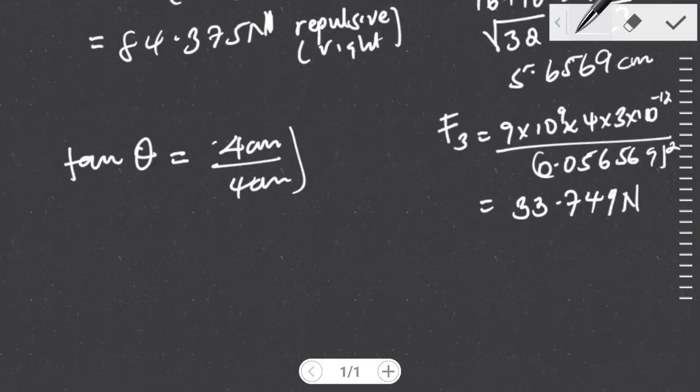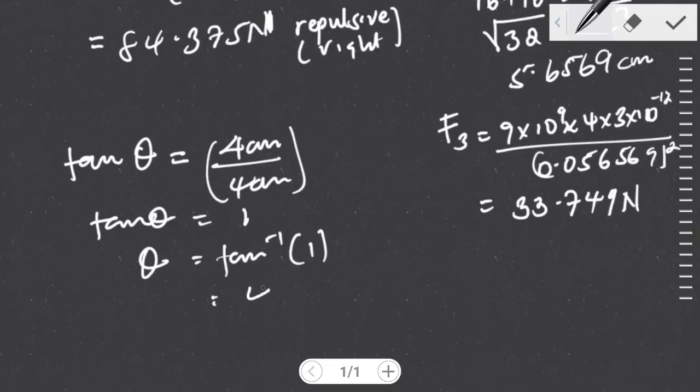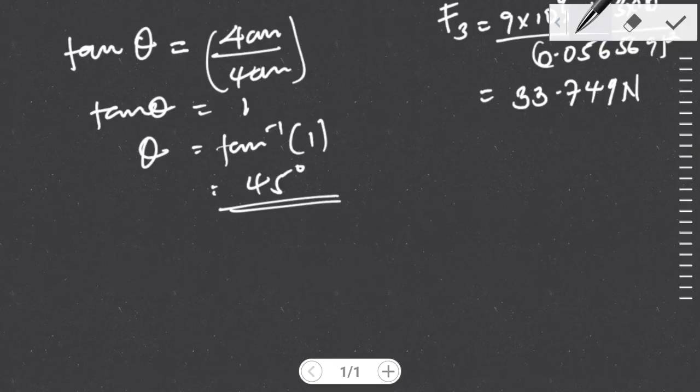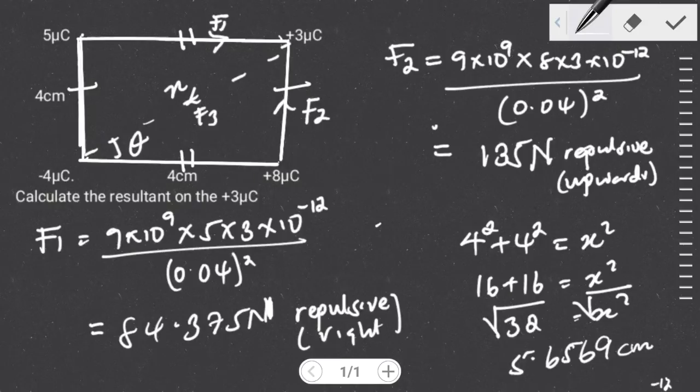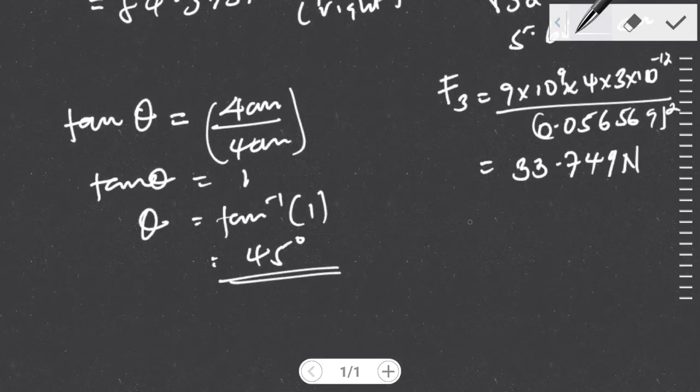So tan theta equals 1, which gives theta equals tan inverse of 1, which is 45 degrees. Having known that the angle between the direction of the force and the x-axis is 45, now let's calculate the resultant. The force between the 4 and the positive 3 is attractive, therefore we put attractive.